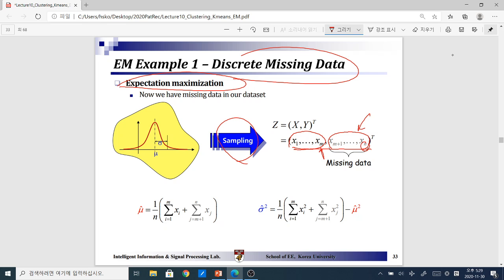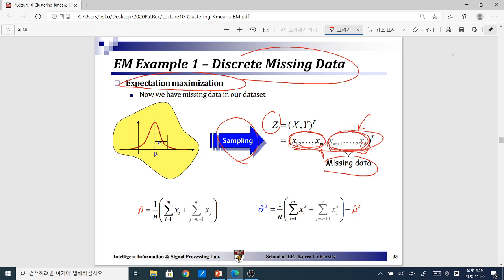Okay, so we can say that these samples have the missing data situation. So Z is a complete data set, where the complete data set would be a combination of both the samples that have the values present, as well as the samples that do not have the values, the missing data.